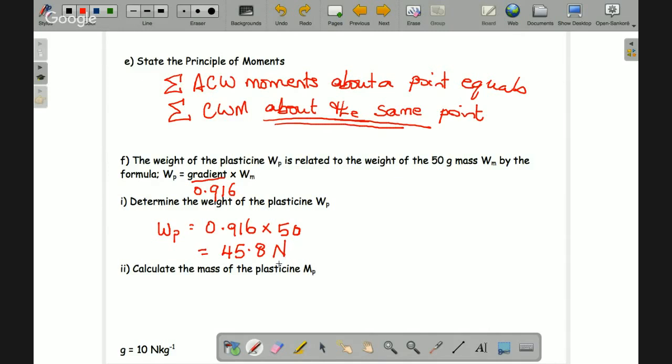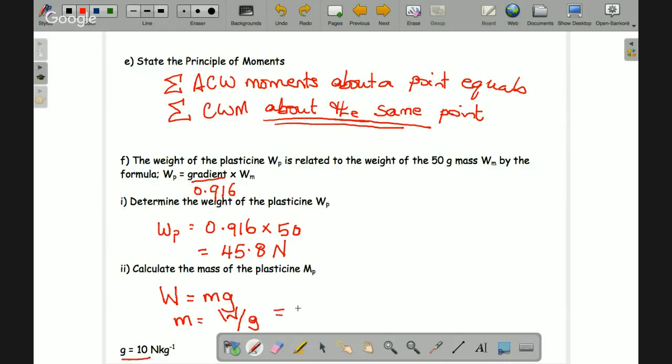Calculate the mass of the plasticine, and we know that the weight is calculated with this formula. W is equal to mg, so if we just rearrange to make m the subject, we get weight divided by g, and notice they give you what g is down here.